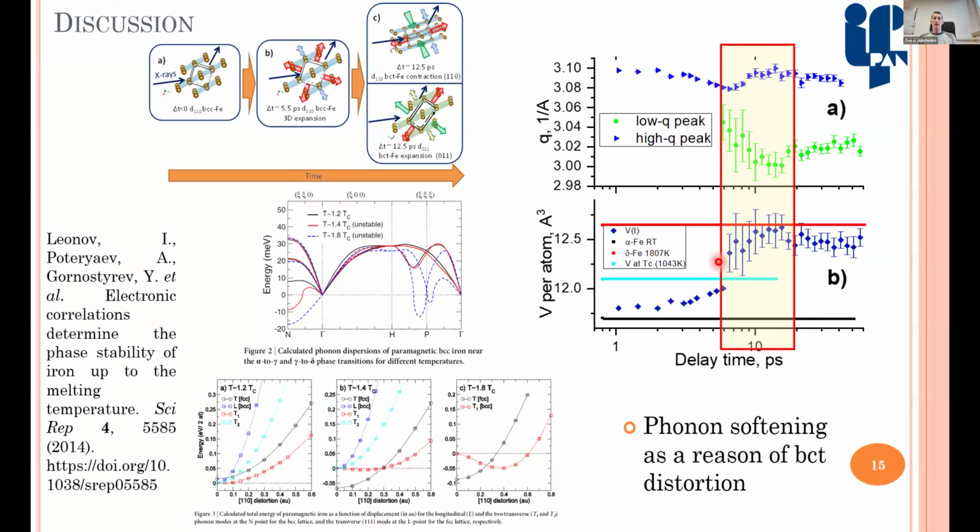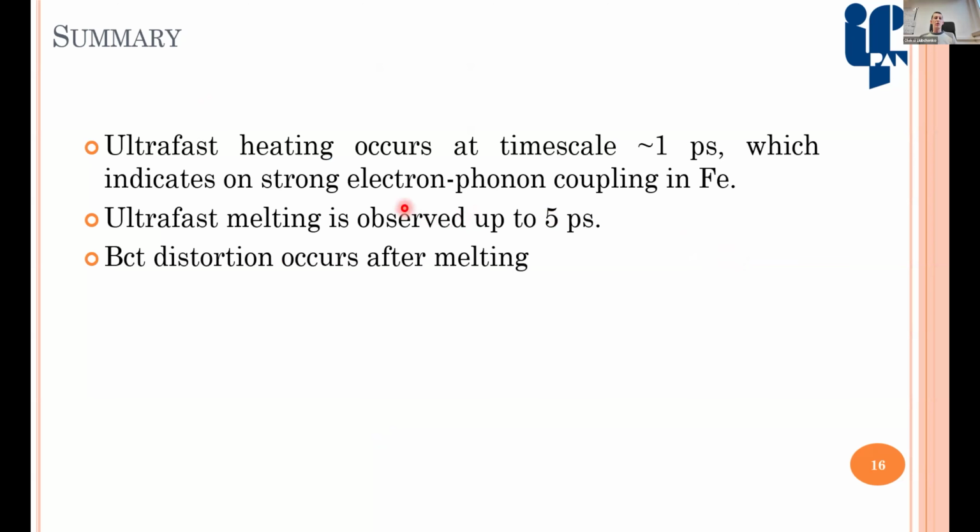So our results indicate that ultrafast heating occurs on a time scale near 1 picosecond, which indicates strong electron-phonon coupling in iron. We measured ultrafast melting, and we have the first observation of BCT distortion from XRD data.